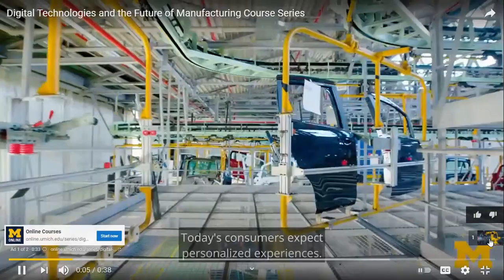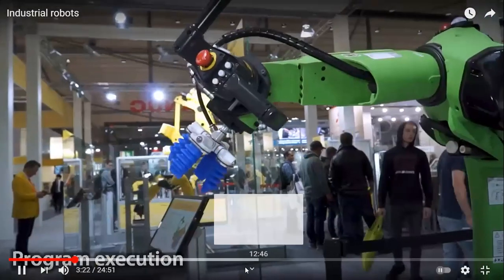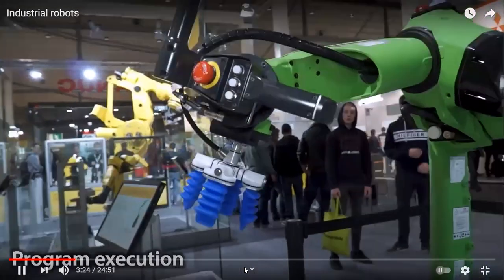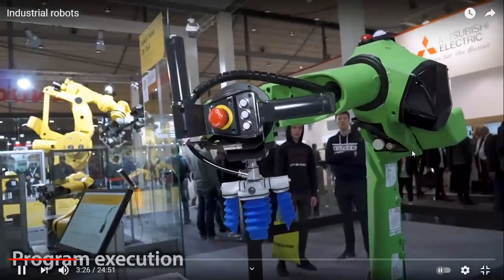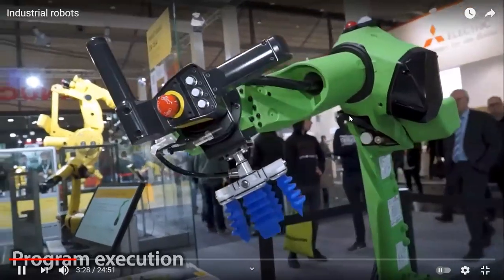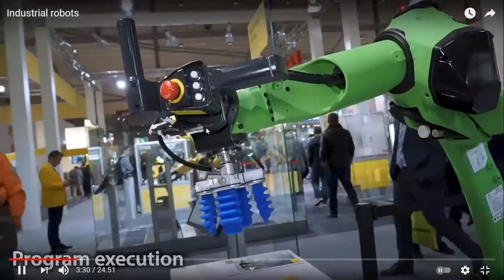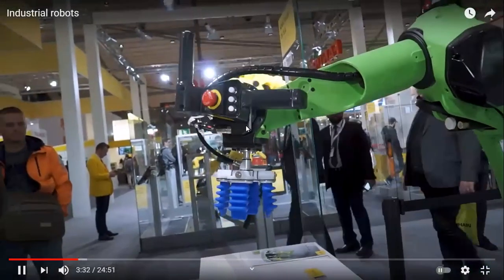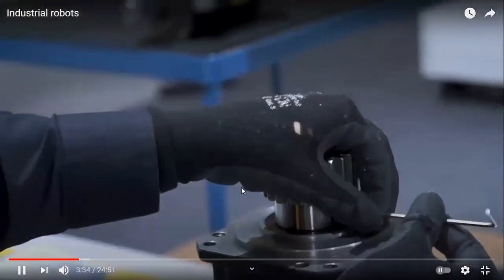See that this robot: this vertical pillar, this horizontal arm, this is wrist, this is end effector.